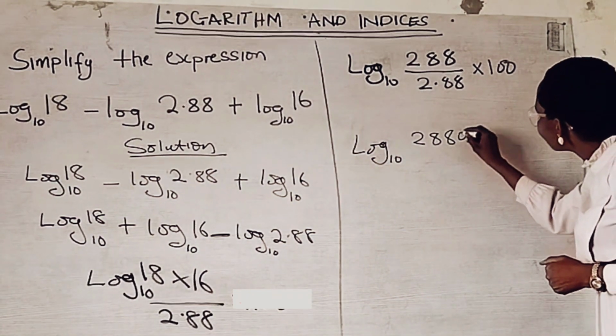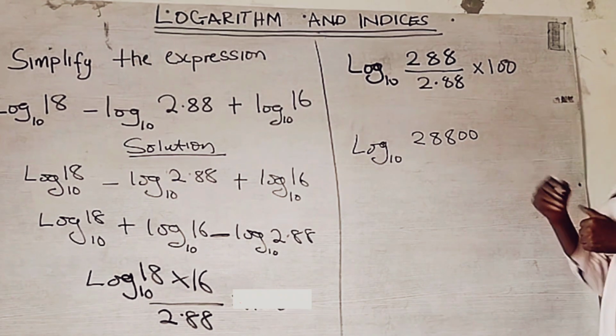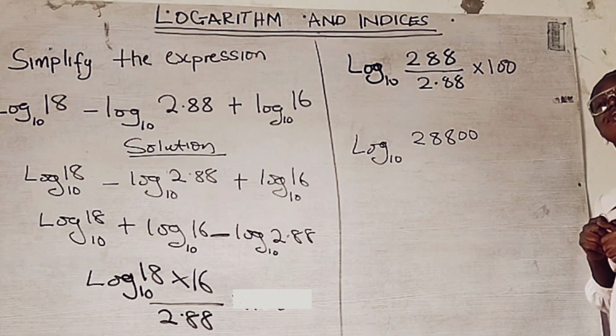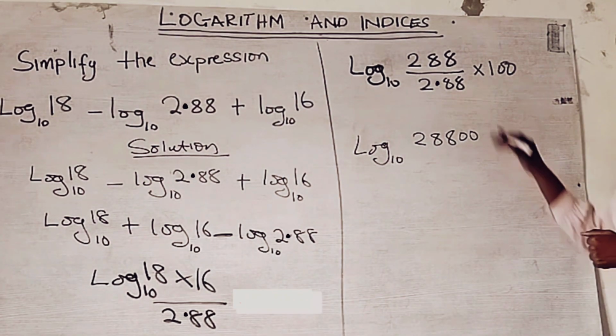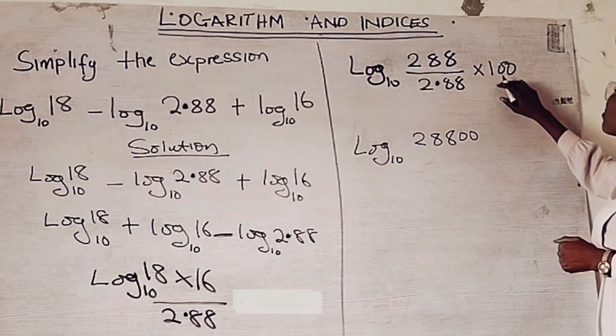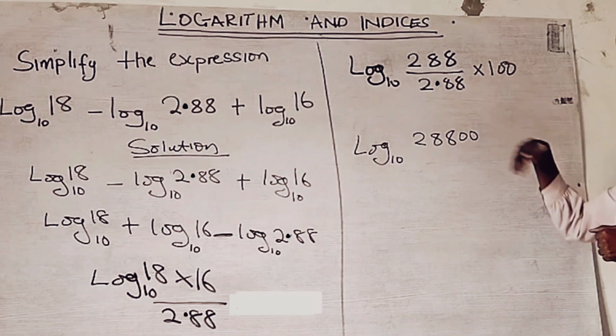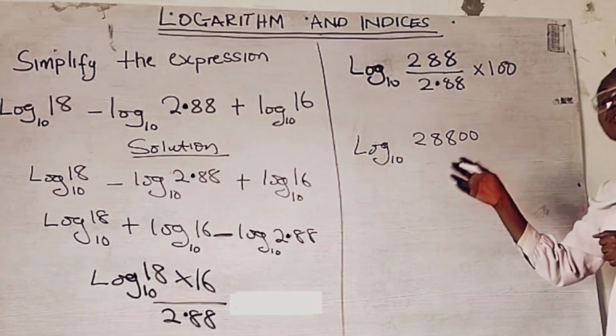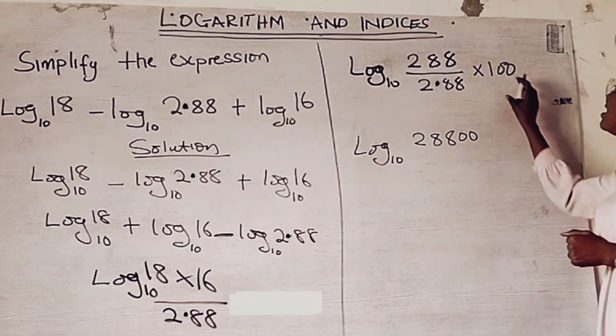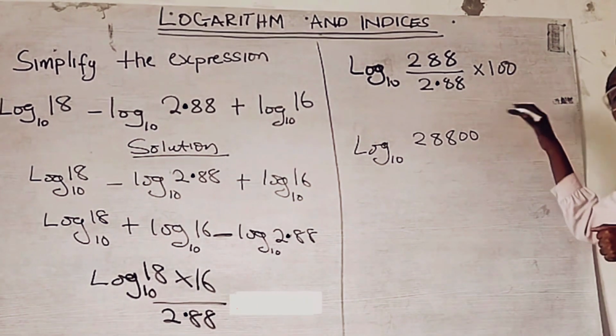I'll put 00 here. Are you surprised? This is the easiest way to multiply numbers by powers of 10. Powers of 10, I mean 10, 100, 1000, they are powers of 10.